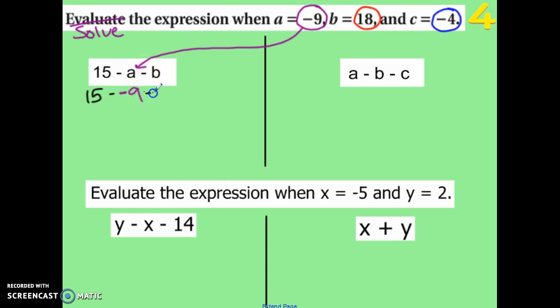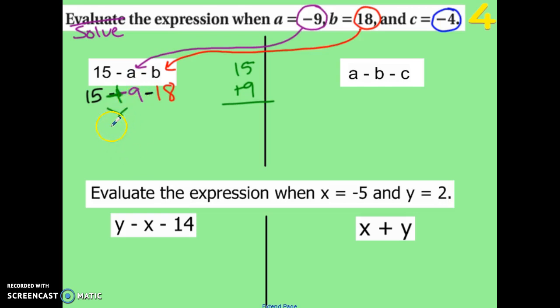Then there's another minus from the equation, a negative. And then B. And B is 18. So we know two negatives are going to make a positive, and they're next to each other right there. The opposite of a negative makes a positive. So 15 plus 9. If you're having trouble with 15 plus 9, either write it out, or, well, 15 plus 10 is 25, but 9 is 1 less.